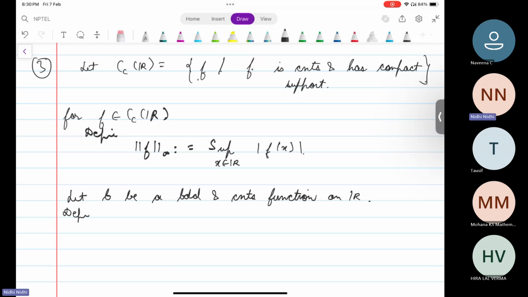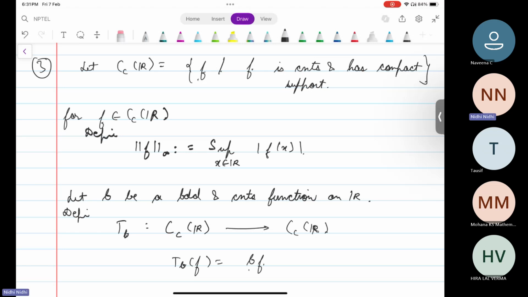Define a linear transformation T_B from this space C_c(R), the space of all continuous functions with compact support, to C_c(R) as T_B f equal to B f.